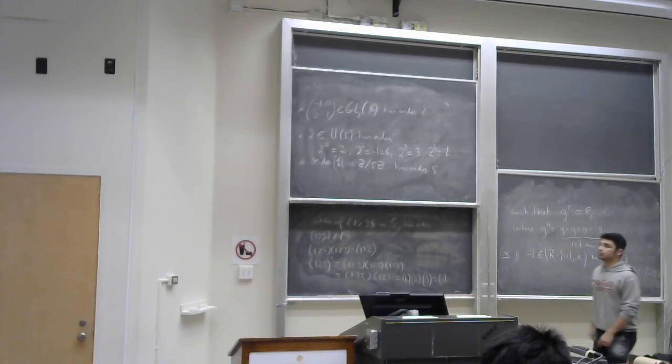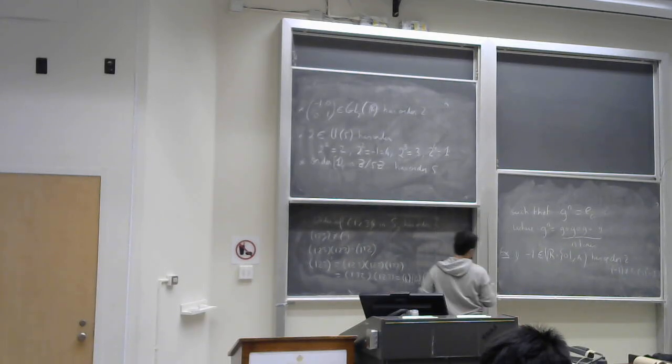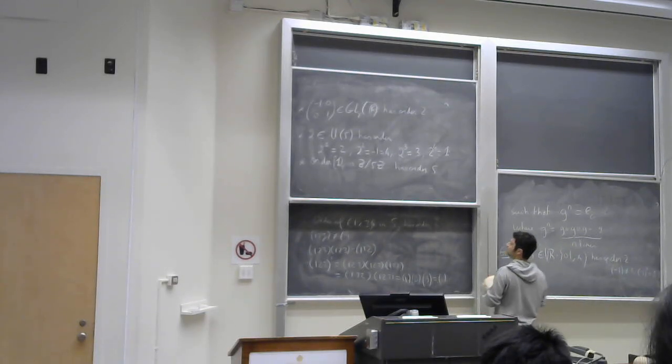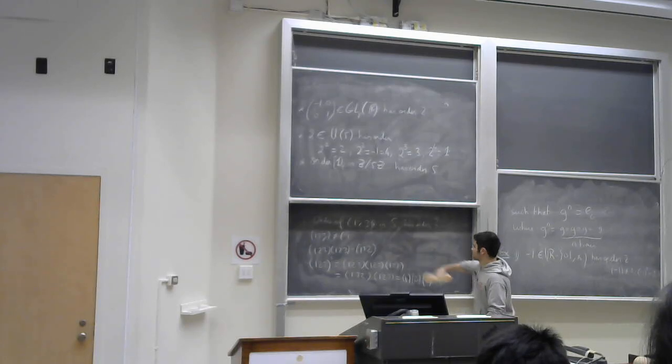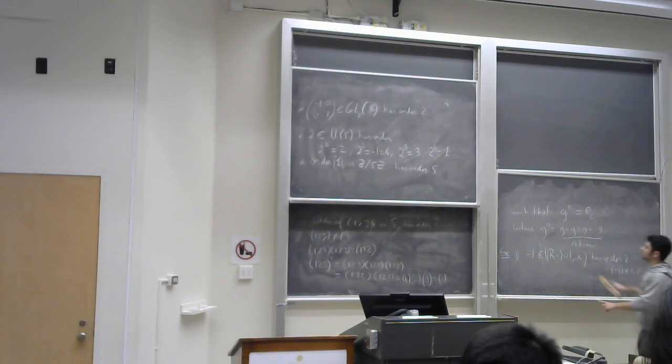What is the order of (1 2 3) in S3? 3. Great. In general, I will give this here. Could I erase upstairs? Oh man, okay, you guys might not have written this. I'll erase this.